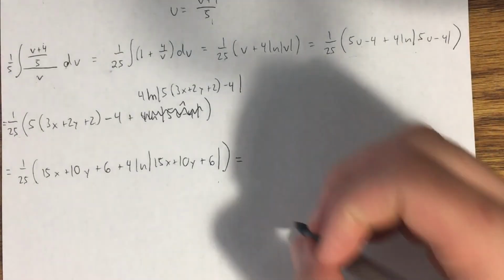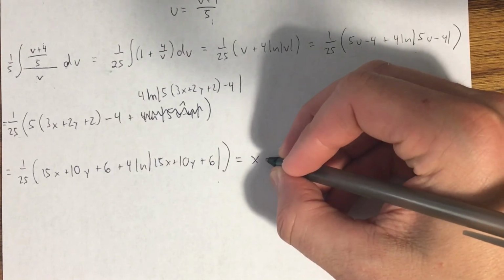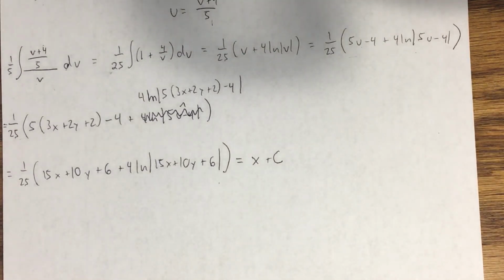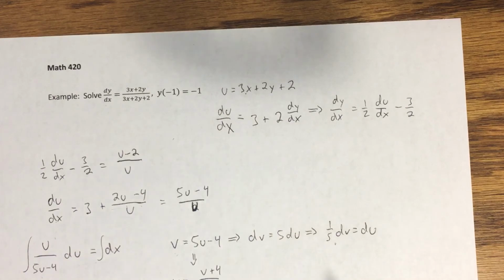Couldn't ask for an easier integral. That's x plus c. Okay? Now at this stage, we would like to substitute our initial condition in. Initial condition is up here, y of -1 equals -1.